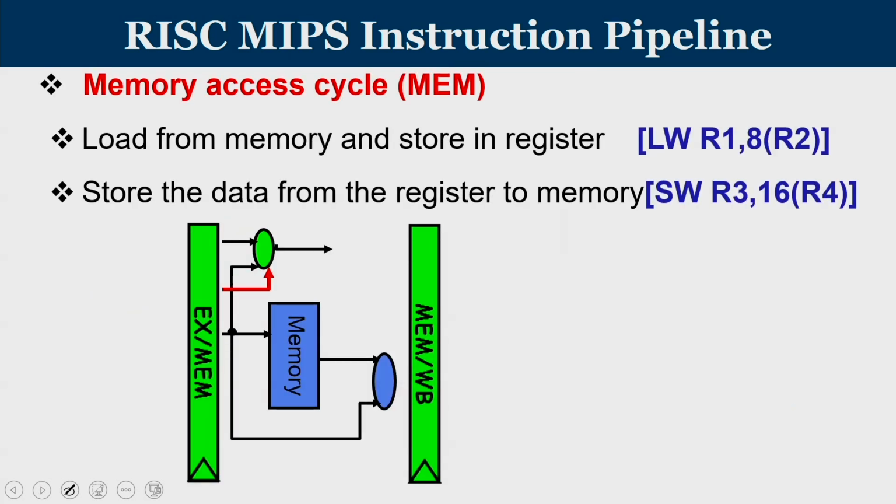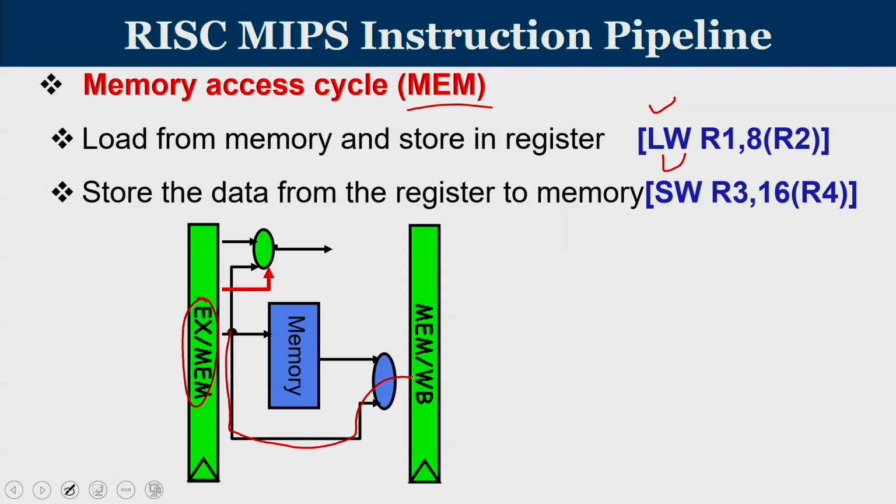It is also known as the memory access cycle, called the MEM stage. This stage is used only by load and store instructions. If it is an ALU instruction, then no operation is carried out in the MEM stage. Whatever result was available in the EX MEM register is simply bypassed into the MEM write back register if it is an ALU operation.